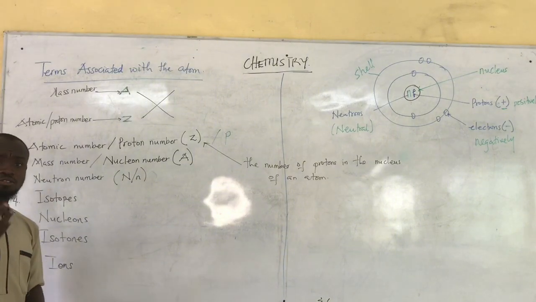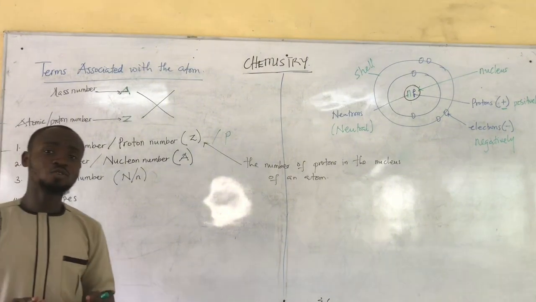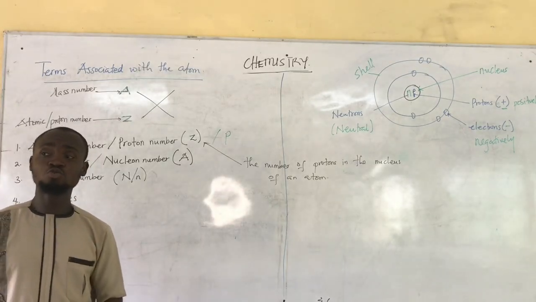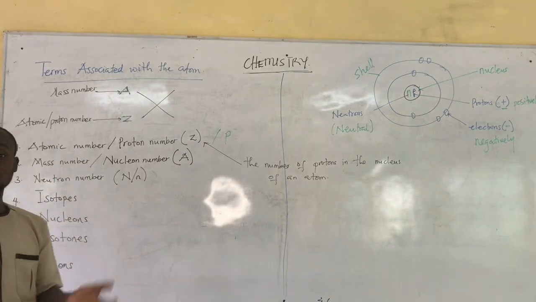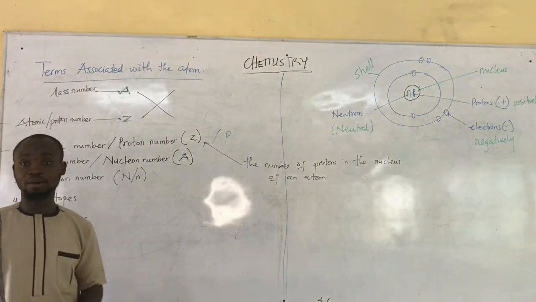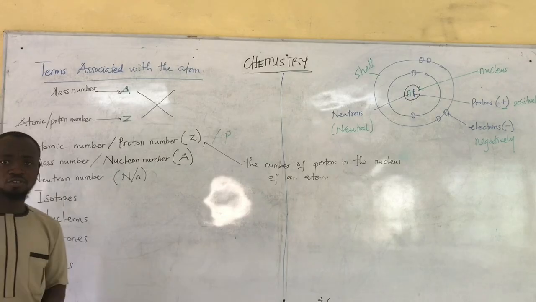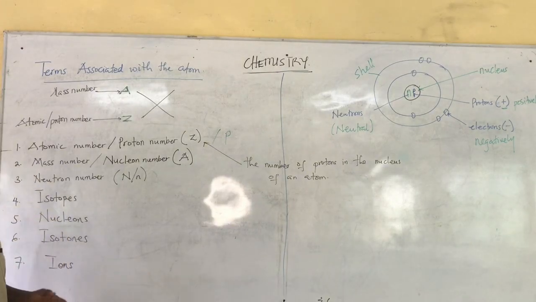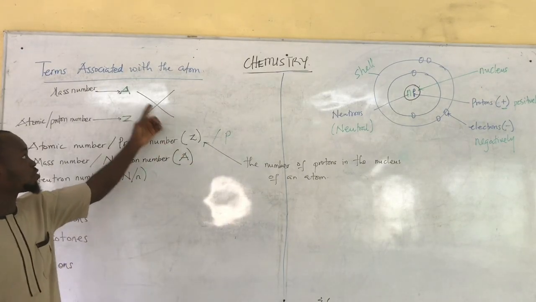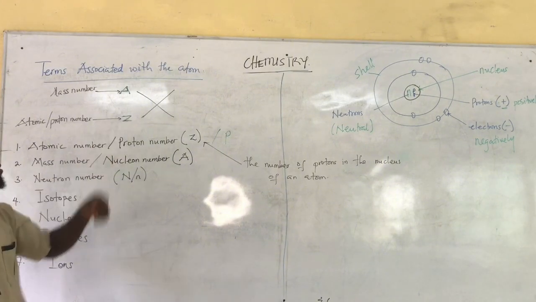For a neutral atom, the number of protons is exactly equal to the number of electrons. So to know the number of electrons in a neutral atom, you can simply indicate it by its proton number. The proton number is denoted by Z. So in the structure of the elements, anytime you see a number here, it indicates the proton or atomic number.